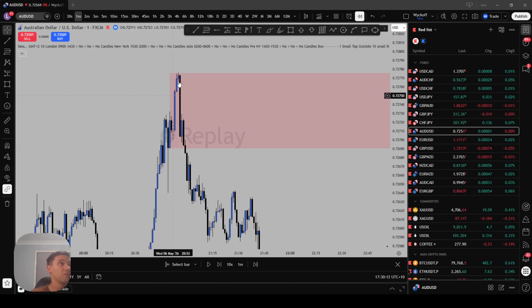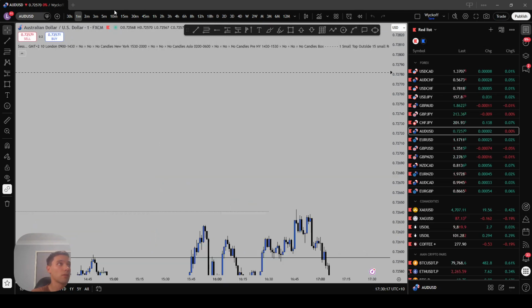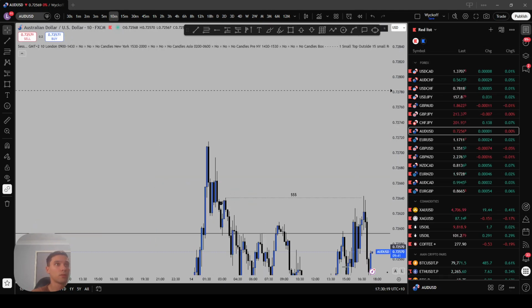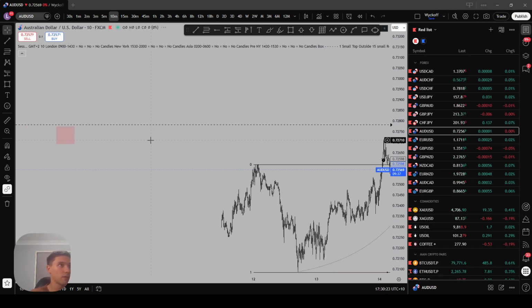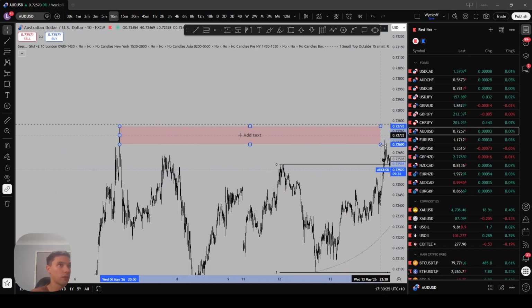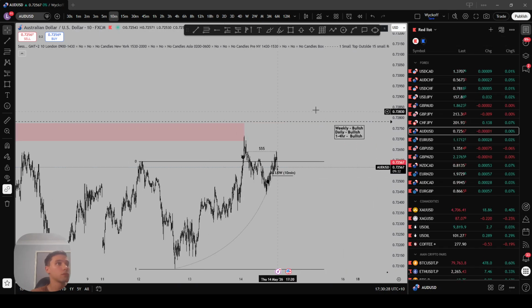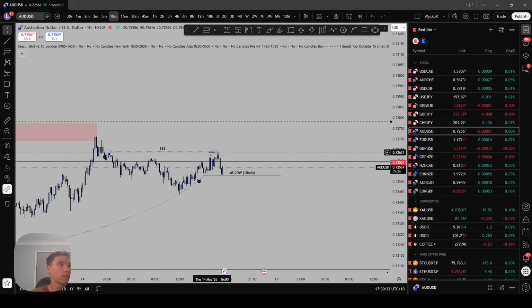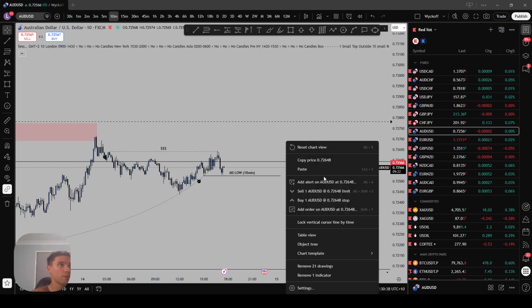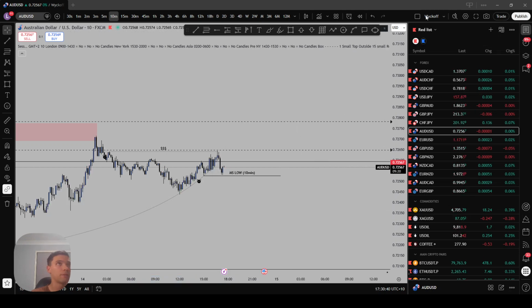Yeah, this is valid supply. I will happily use this as supply. However, it has been mitigated. Good to know. Great reaction from it as well. Yeah, an ever so slight mitigation there. And I'll also set an alert just in case we go higher.